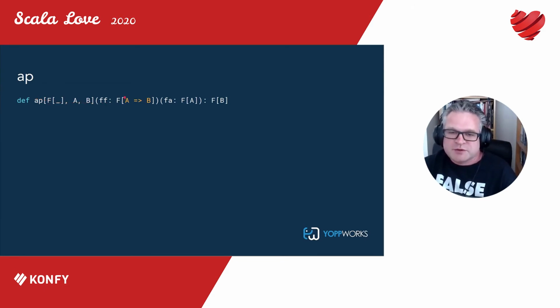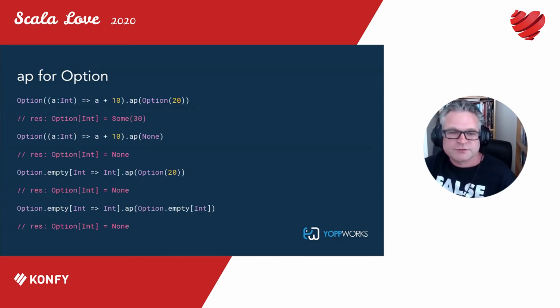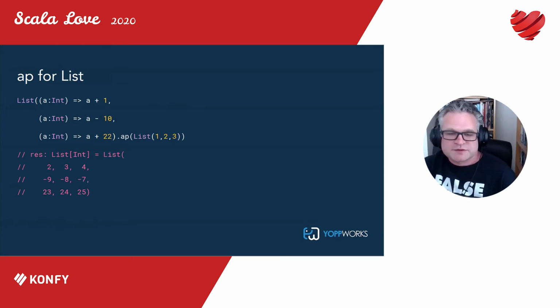So you have to be aware that the effect type is going to be the same for the function, for the input parameter, and the result. We never change the Fs. Just like with map, just like with flatMap, we never go from a list to an option to a future with these functions. We always stay within the same effect type. So app for list gives us the power, if you ever find yourself with a list of functions, to apply them to a list of values.